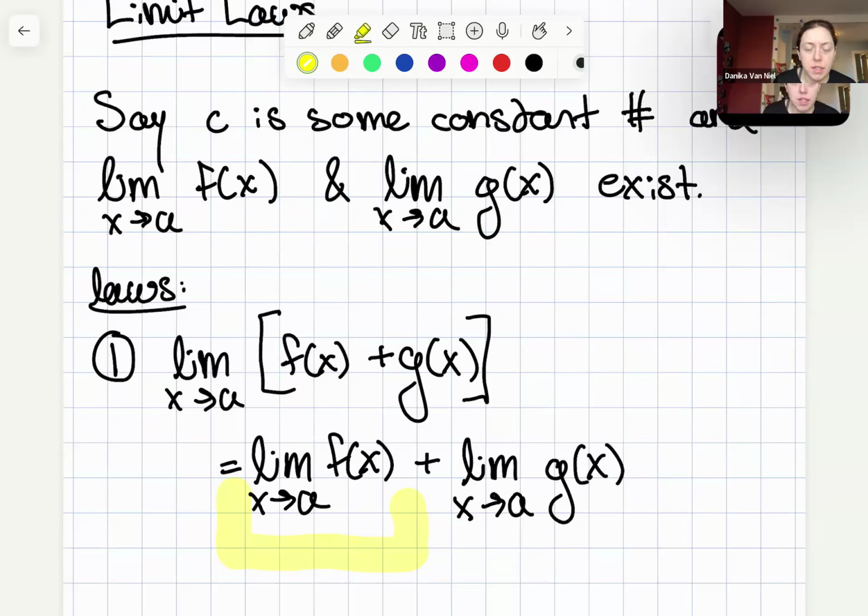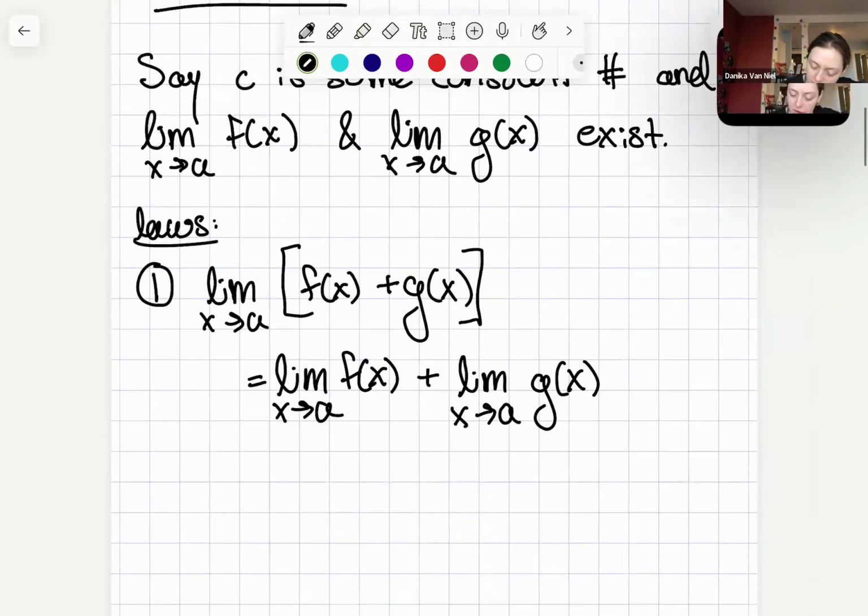Right? Does not exist doesn't add to something else, right? It could be that this whole limit here maybe doesn't exist if f doesn't exist. It could be some surprising thing where they cancel out. Who knows, right? Our second law is basically the same thing just with subtraction.